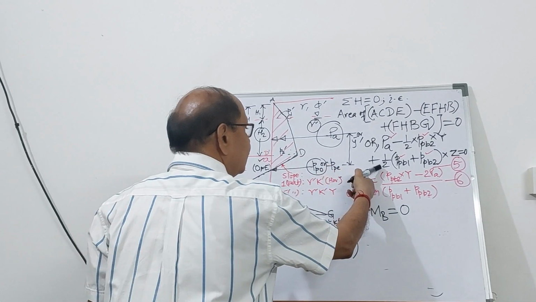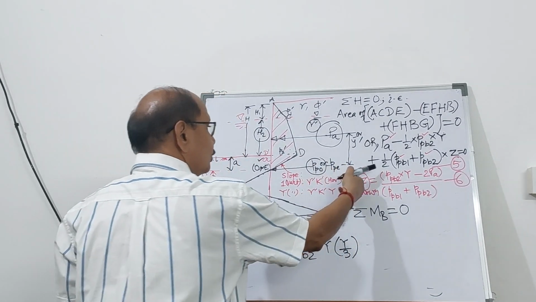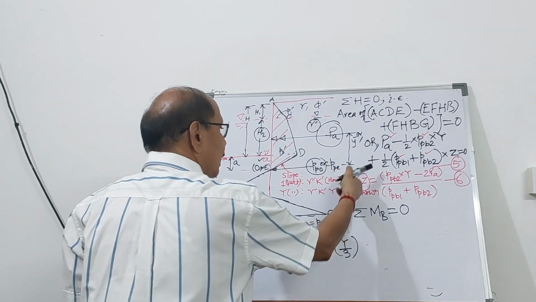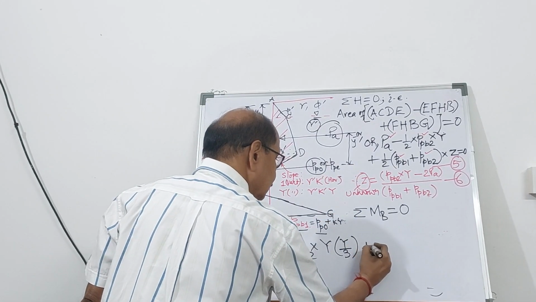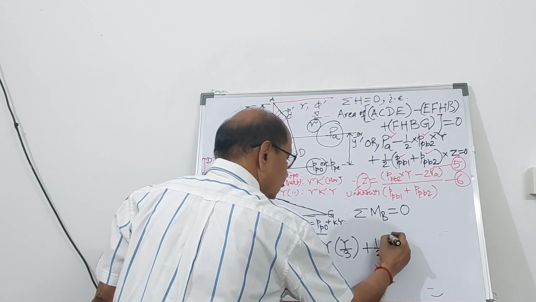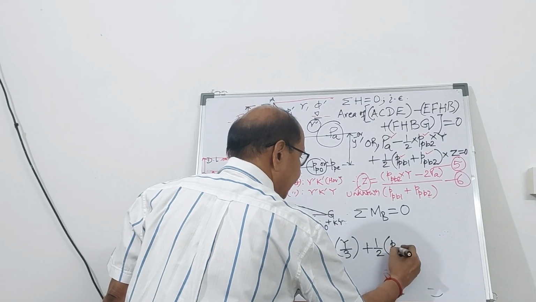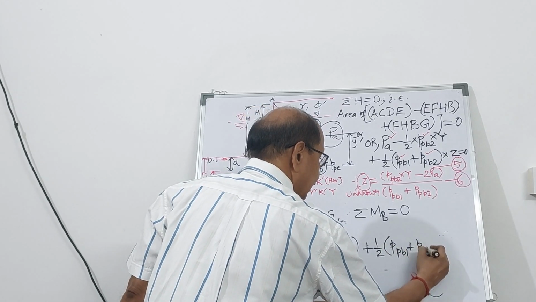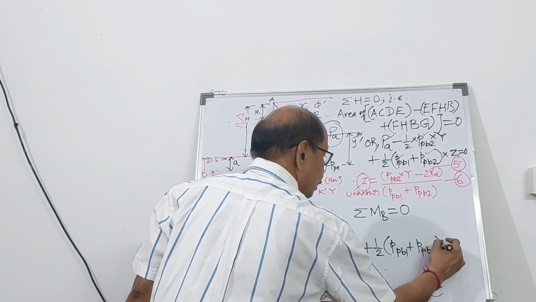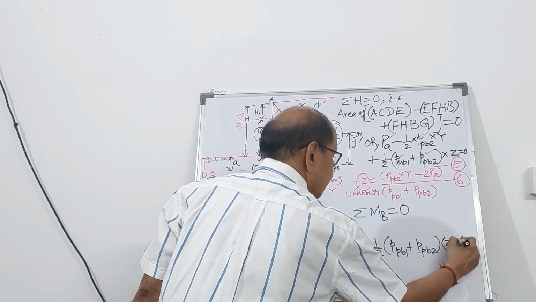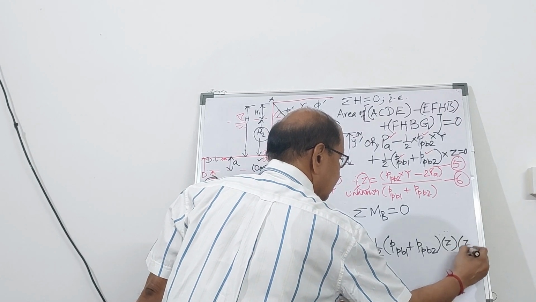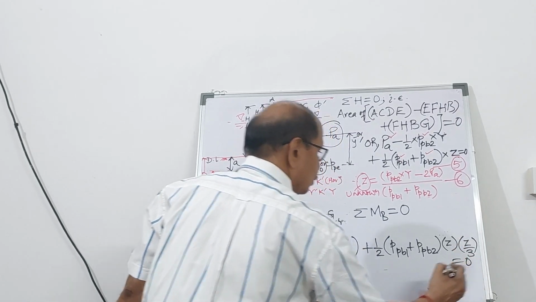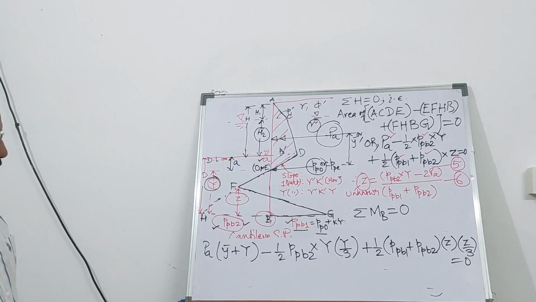Then the third force is this, half PPB1 plus PPB2 into Z by 3, which must be equal to 0, sigma MB equal to 0.